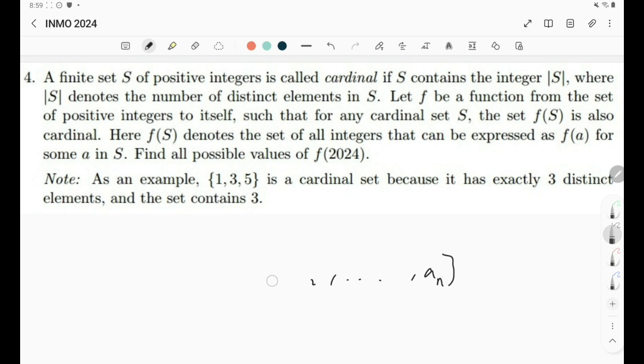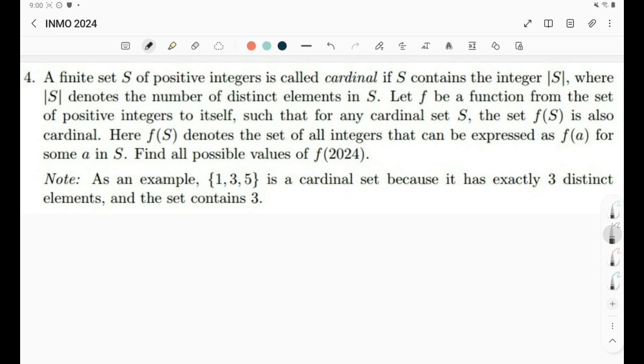Okay, so now we understand what a cardinal S is. They are telling us that we have some function f from Z positive to Z positive, such that for any cardinal set S, f of S is also cardinal. What do they mean by f of S?